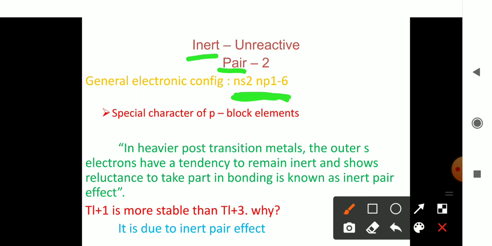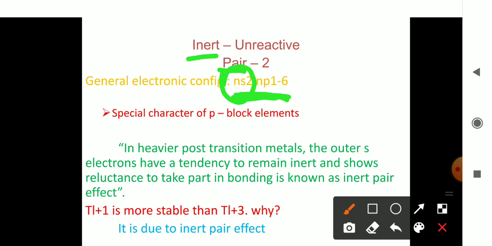These 2 electrons present in the s orbital show inertness towards reactivity, and so this effect is called inert pair effect.